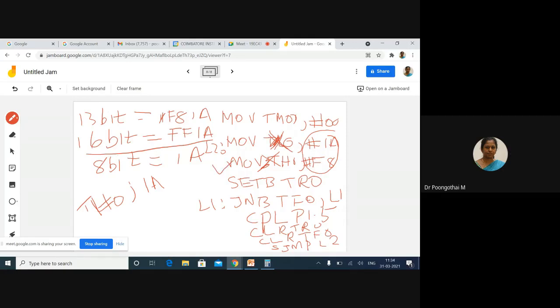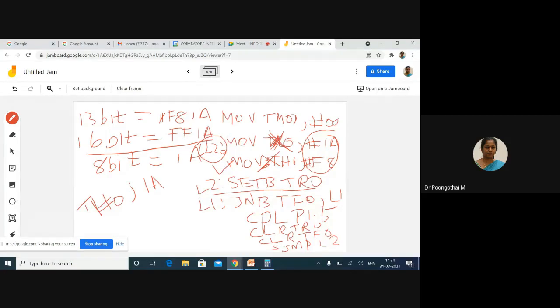So this instruction should be incorporated: MOV TH1, #1A. But the loop label L2 should come here. There is no need of reloading the value again, because 8-bit mode is the auto reload mode, so the 8051 will take care of reloading the value. So the code change in 8-bit mode is that L2 should come to this place instead of the earlier one. The remaining things will be the same.